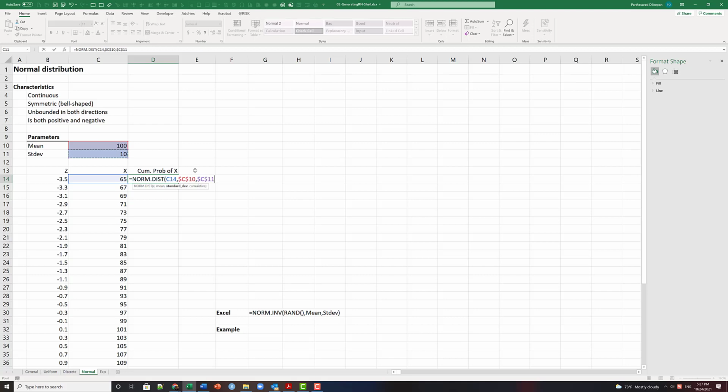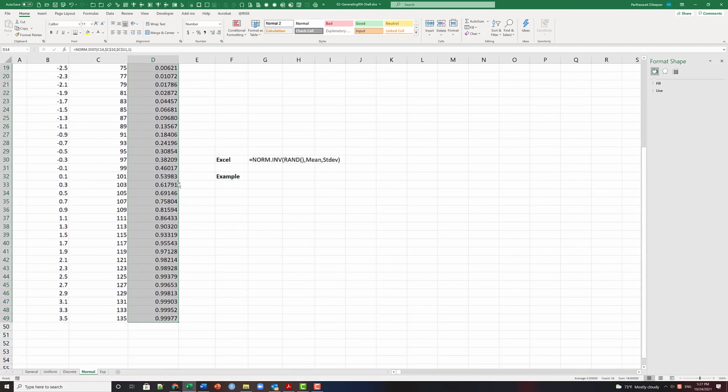Standard deviation, absolute reference that. And then the last item is whether you want cumulative or not. False is the default, so we say 1 for true. Okay, so that gives us the cumulative distribution of x. And less than or equal to 65 will have that probability.